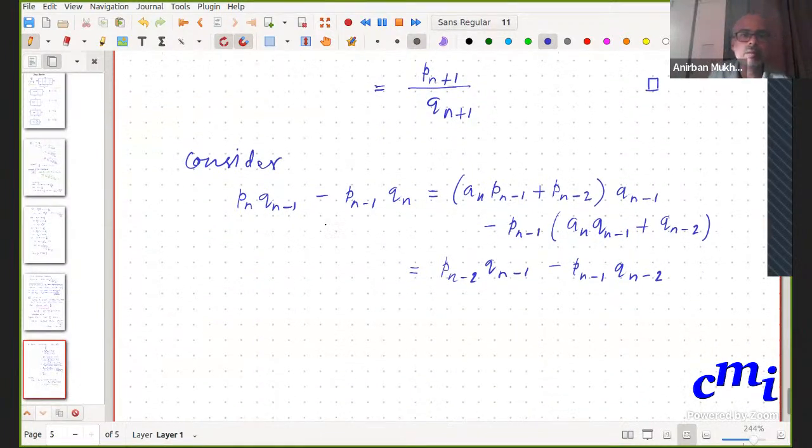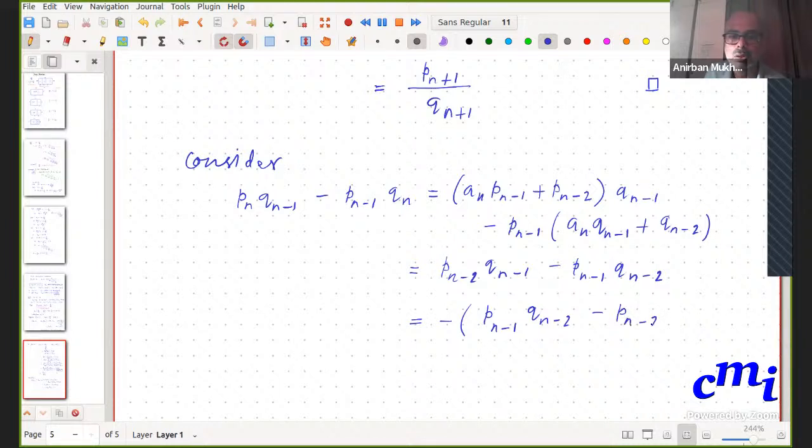We have written the larger p first, so we take out a negative 1, and then this is pn minus 1 qn minus 2 minus pn minus 2 qn minus 1, because the starting formula had the p with the larger suffix, so let's maintain that so that we can again have recursion.